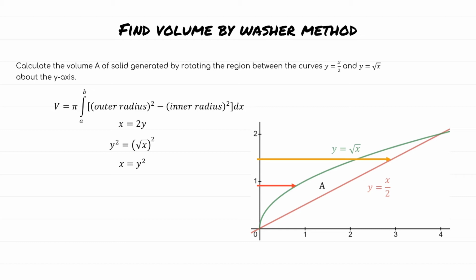Next is to find the lower and the upper limit. We can find it by using simultaneous equation. So 2y equals y squared, and in the end we will find that y equals 0 and y equals 2.